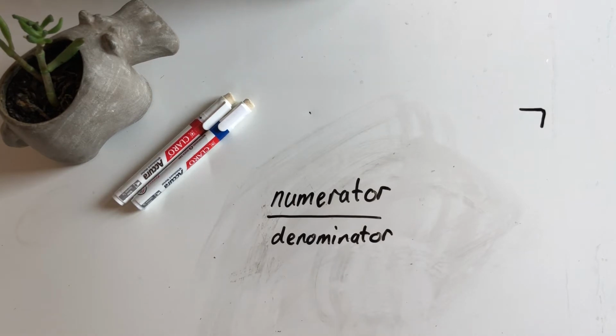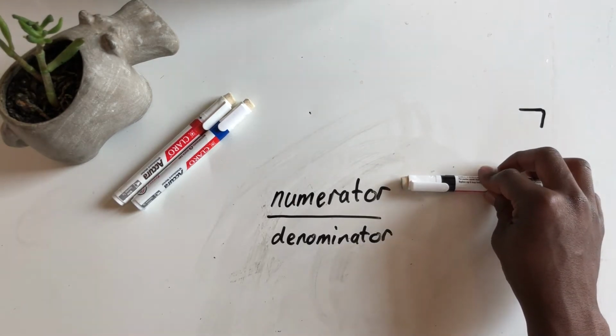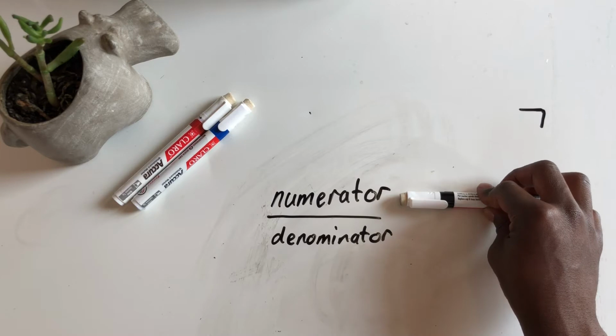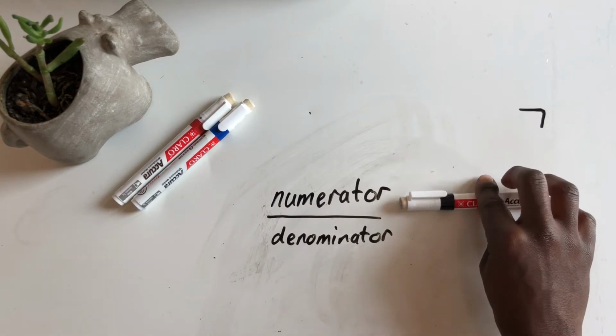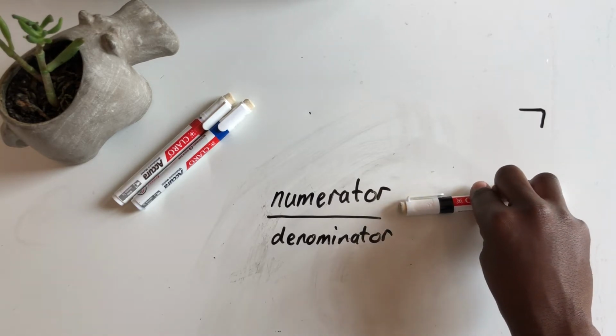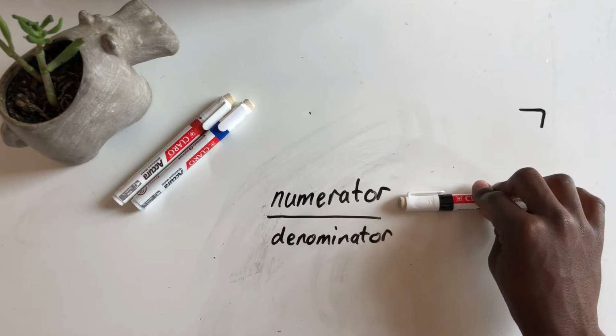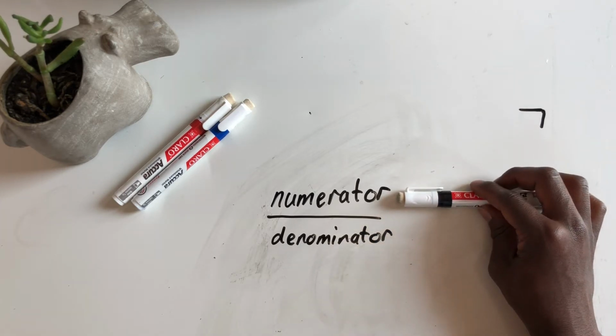The number at the top is known as the numerator, and this shows the number of parts in the fraction.